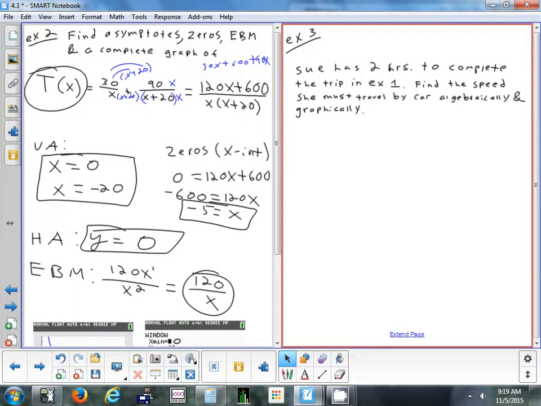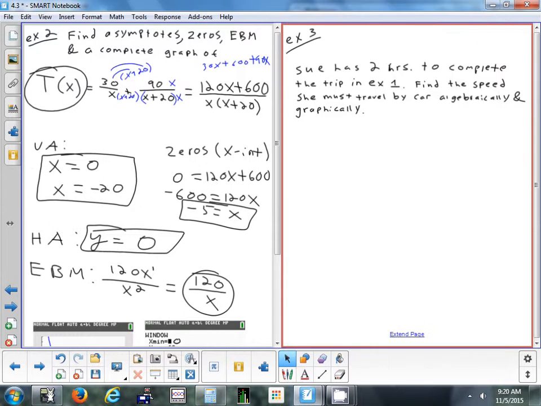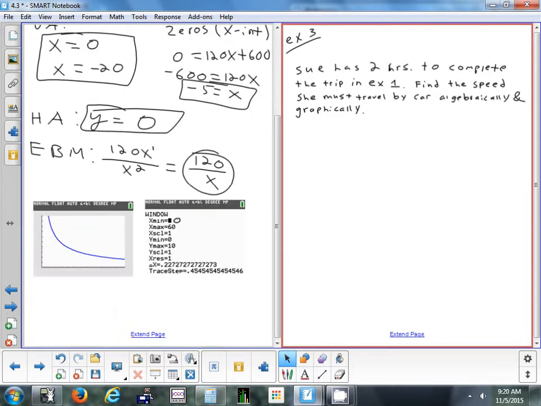But if they asked me for y-intercept, I would have had a problem with that, because to find the y-intercept, what number do you plug in for x? 0. And if I plug 0 into the bottom, I'd have 0 times 20, which would be undefined. So in other words, this graph never crosses the y-axis. It just gets close to it.